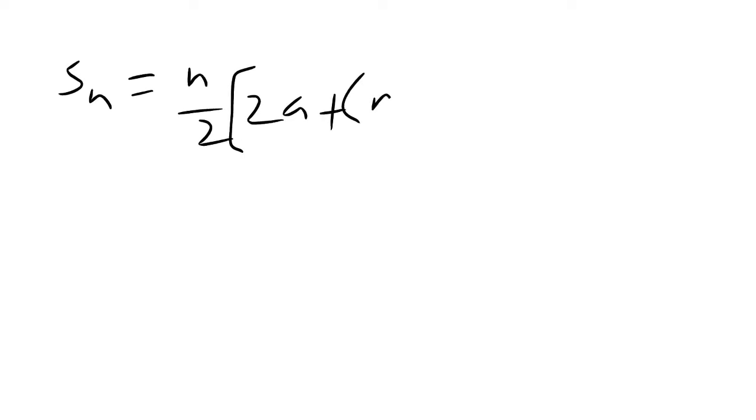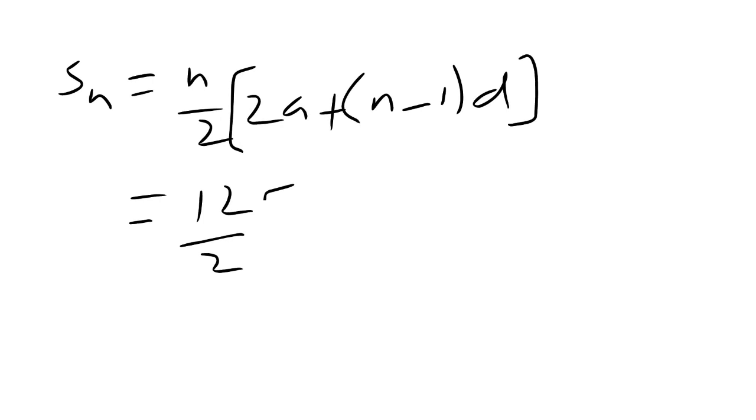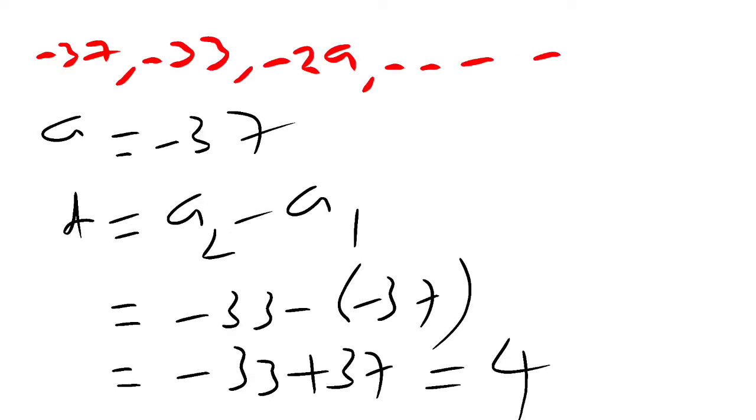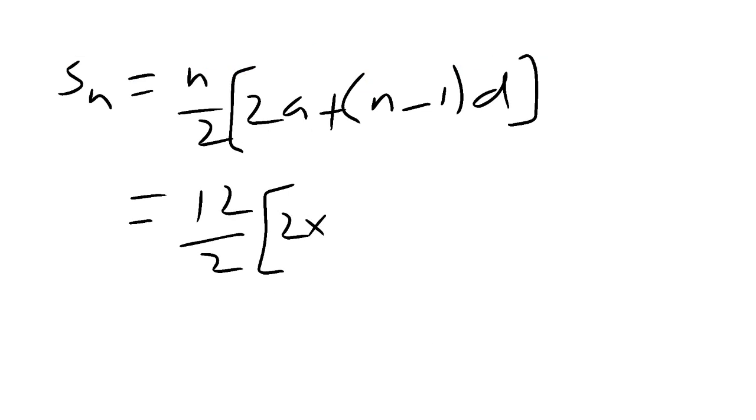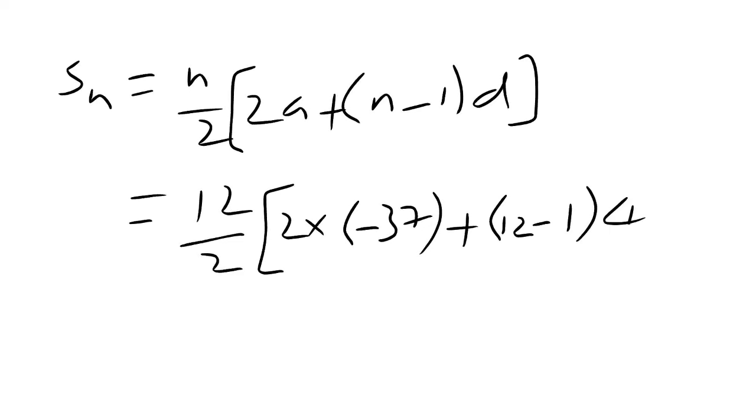Let's find the sum of the first 12 terms. Use the Sn formula, n by 2 of 2a plus (n minus 1) into d. Substitute n equals 12, 12 by 2, 2 into a value, which is minus 37, plus 12 minus 1 into d value 4.